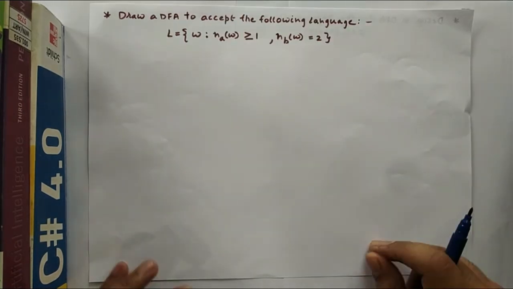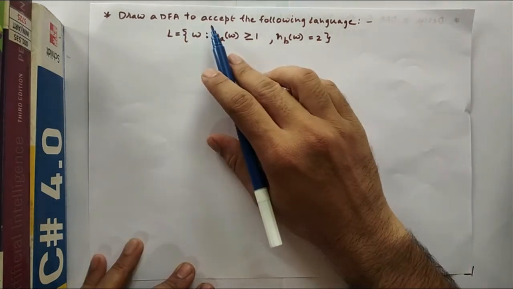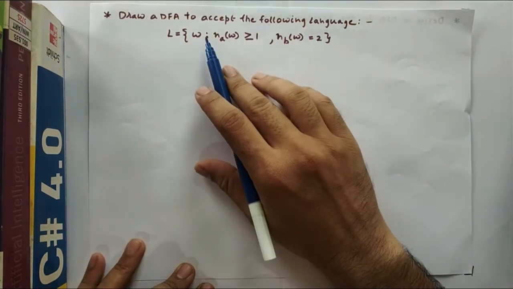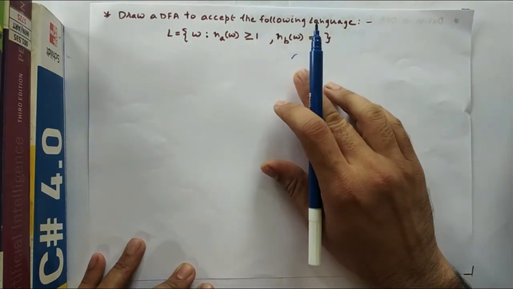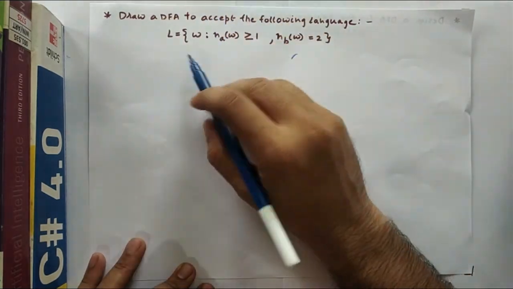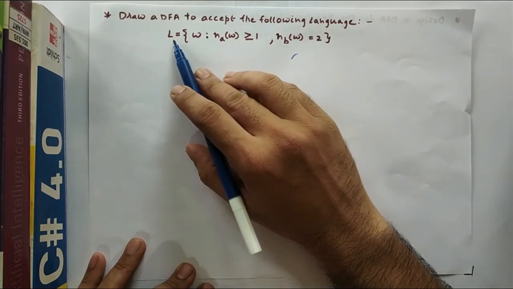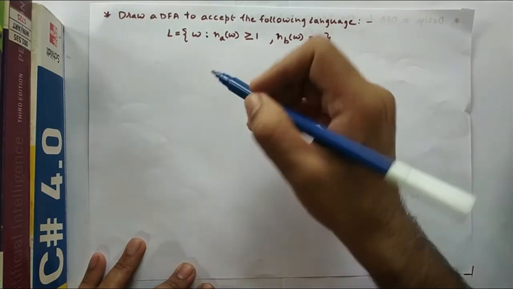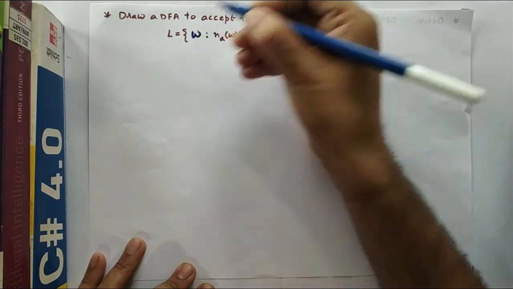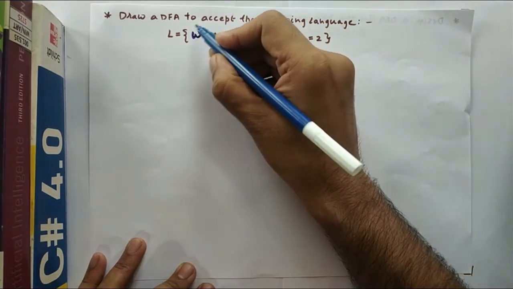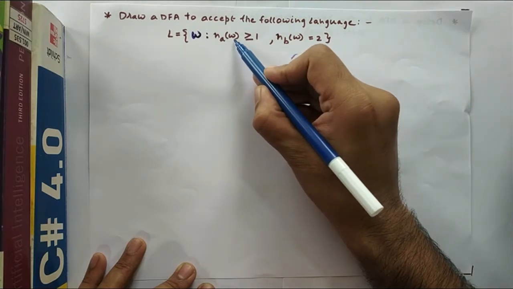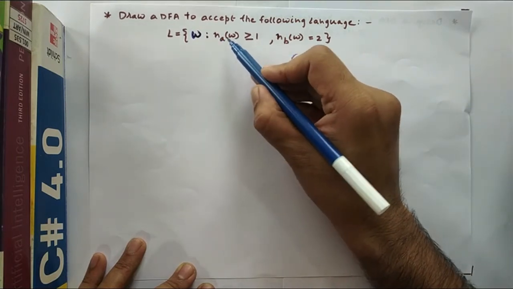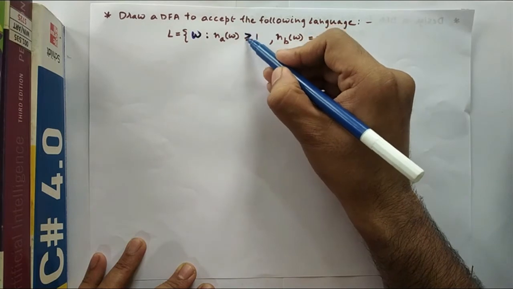Next problem, we have to design a DFA to accept the following language. Now we should know how to read this particular mathematics notation which is given to us. First, the language L is such that each element W in the language, how is each string W in the language? Number of A's in W is greater than or equal to 1.